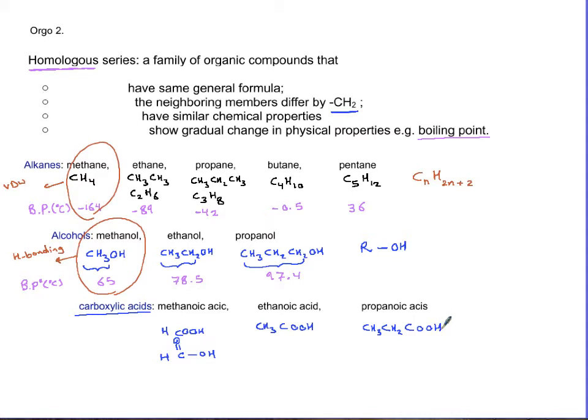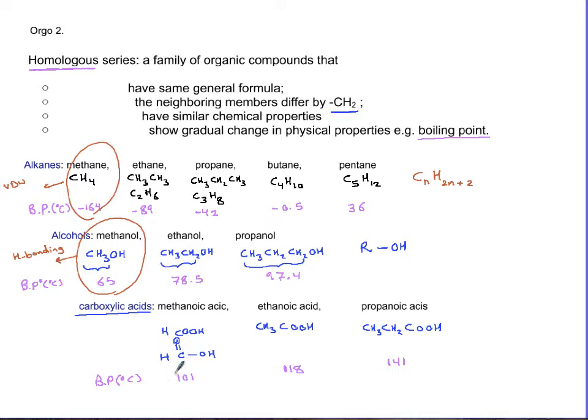Now if you look at their boiling points, again there is a gradual increase. This one, in degrees Celsius, is 101, a liquid at room temperature. Ethanoic is 118, and propanoic is 141. Then again, I want you to further compare them.